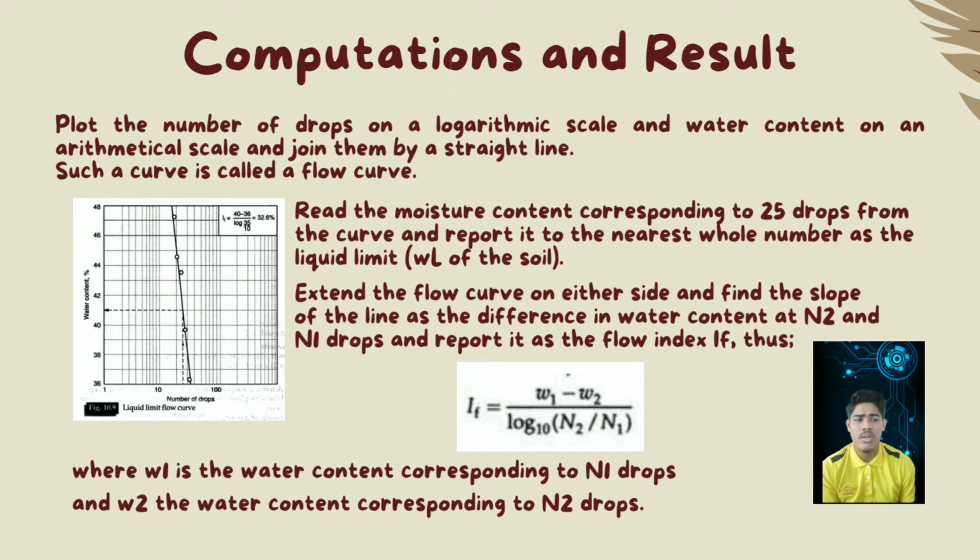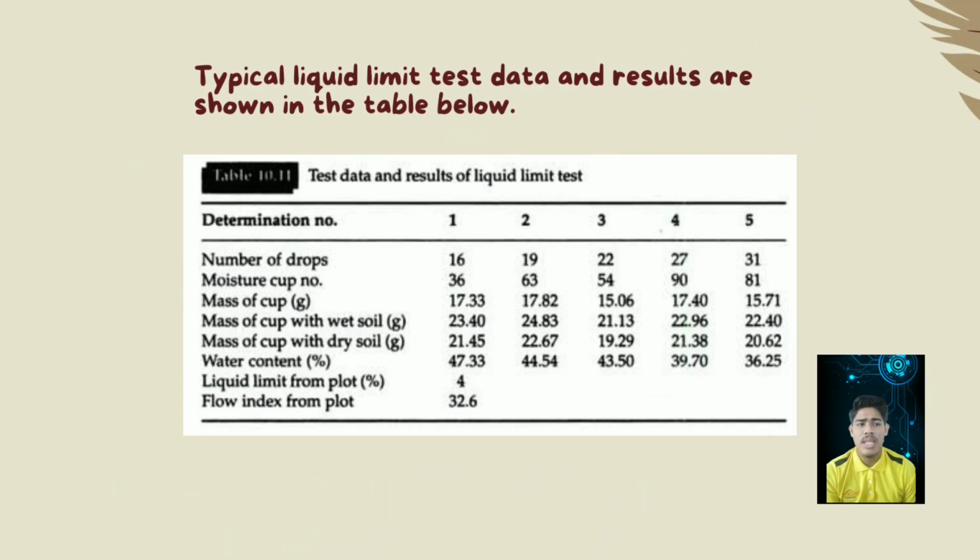Extend the flow curve on either side and find the slope of the line as the difference in water content at N2 and N1 drops and report it as a flow index IF, where W1 is the water content corresponding to N1 drops and W2 the water content corresponding to N2 drops. Typical liquid limit test data and results are shown in the table below.